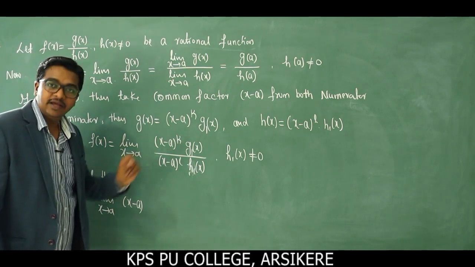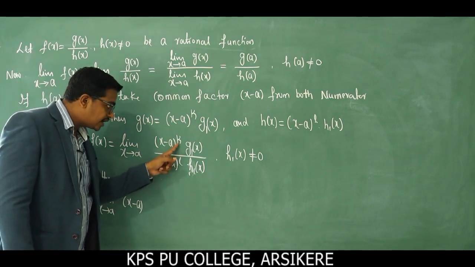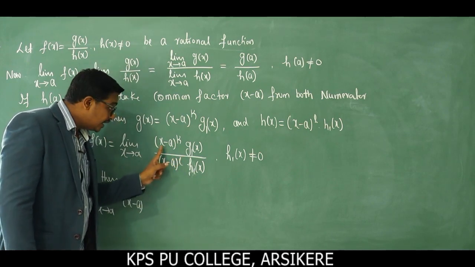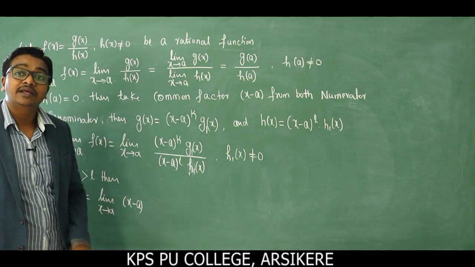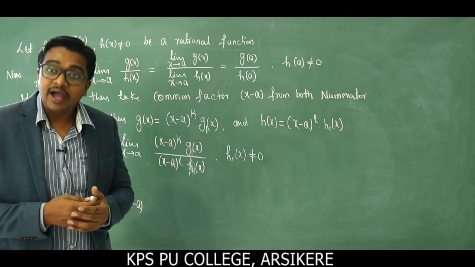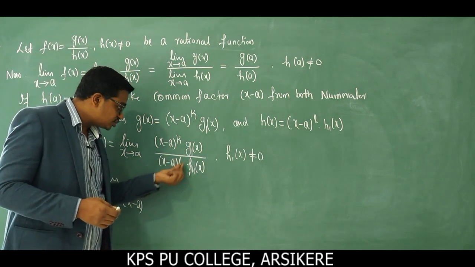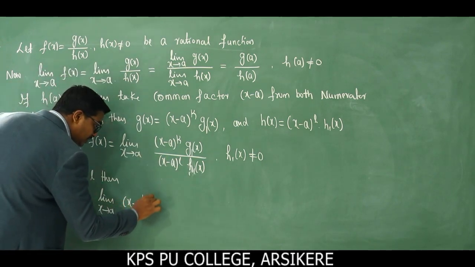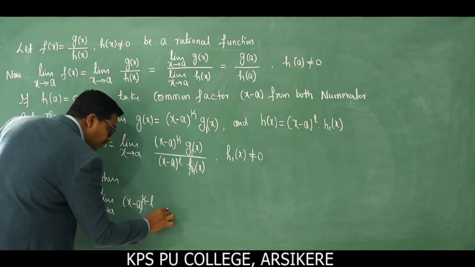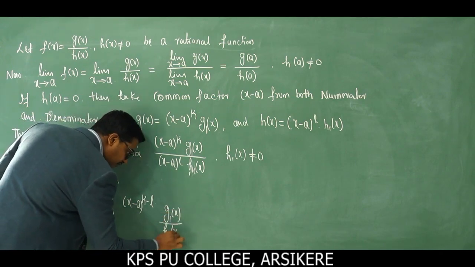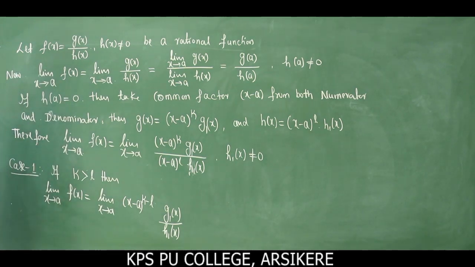Combining, we write (x minus a) whole power k into (x minus a) whole power minus l, which can be written as (x minus a) whole power k minus l. When the bases are equal, powers can be added. Here the power is k, and this term goes to the numerator, the power becomes minus l, total we get k minus l, into g1 of x divided by h1 of x.